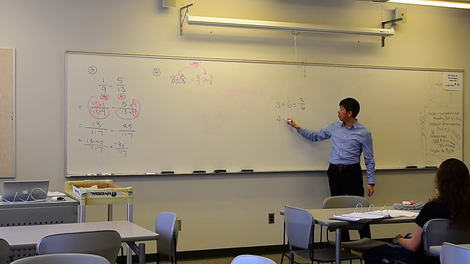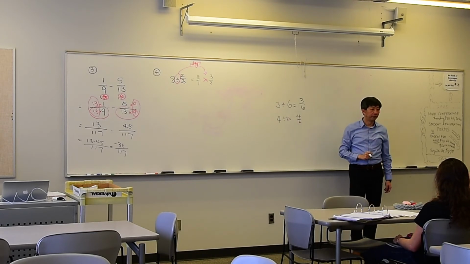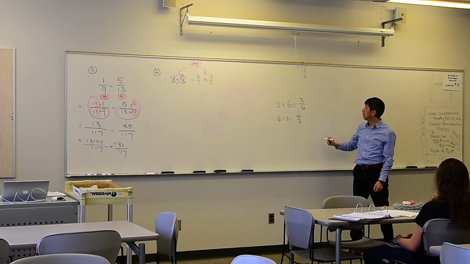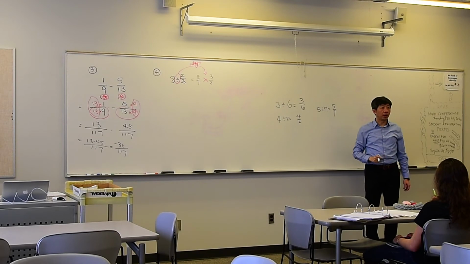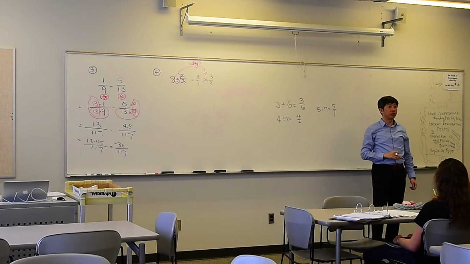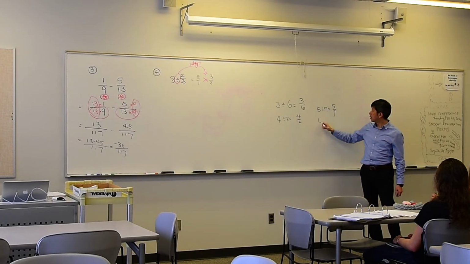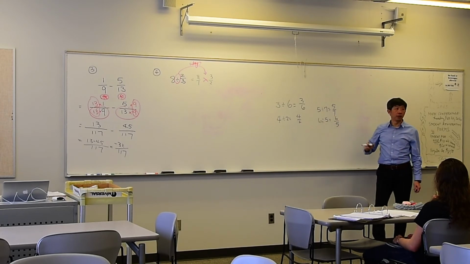How about 4 divided by 2? Can I say 4 over 2, yes or no? Yes. 5 divided by 7, can we say 5 over 7, yes or no? Actually, 5 divided by 7 is 5 over 7, right? It's the same, right? 6 divided by 5, can we say 6 over 5, yes or no?